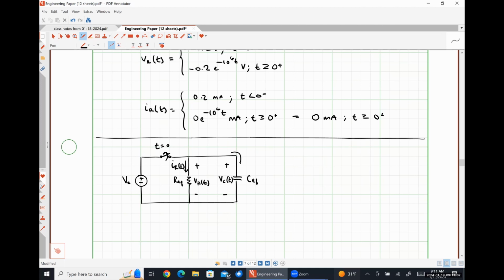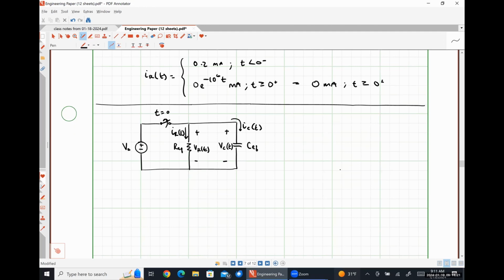Current flowing through my resistor and the current flowing through my capacitor. Okay. All right.